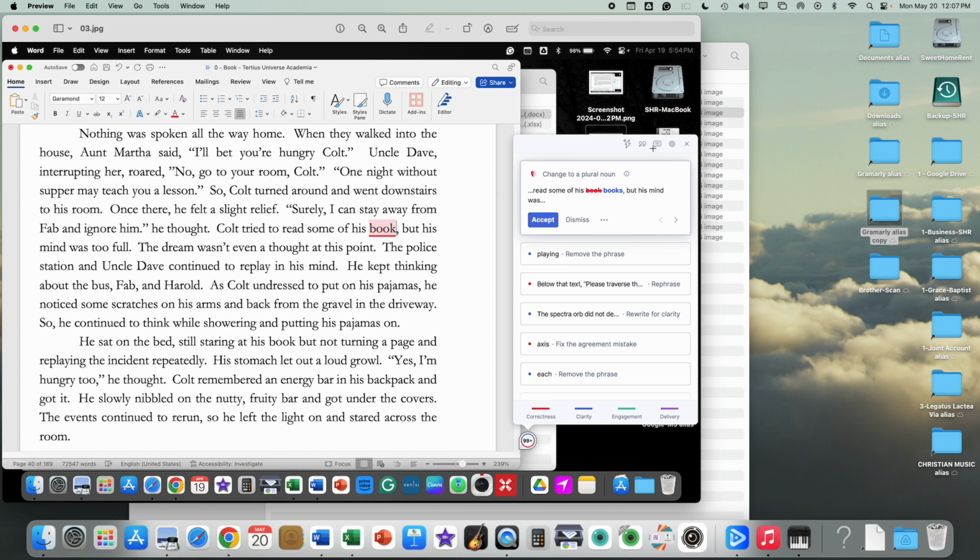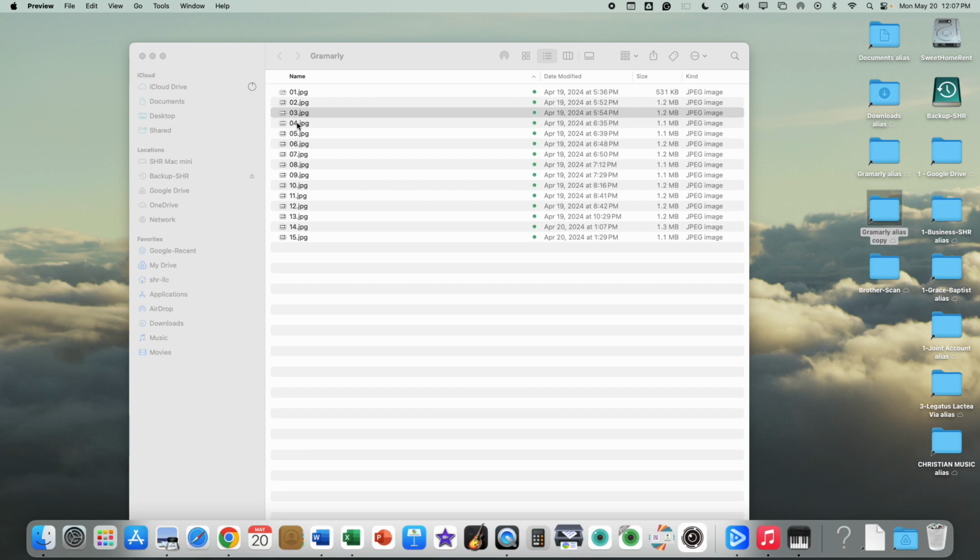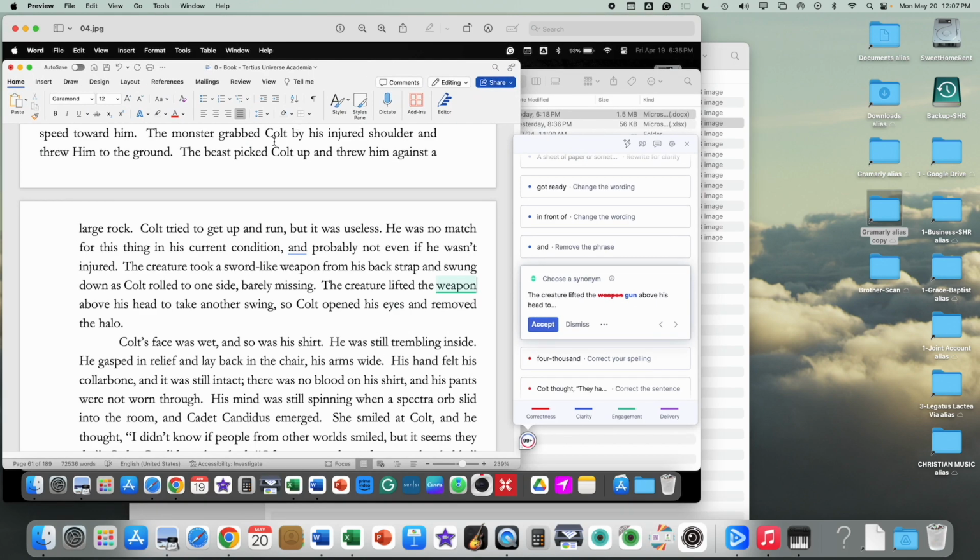But anyway, Grammarly persistently asked me to change it to "books," even after I've dismissed this several times. I think he was going to read some of his book, not some of his books. I guess I could have changed it to a portion of his book, and maybe Grammarly would have liked that better. I'm not sure.